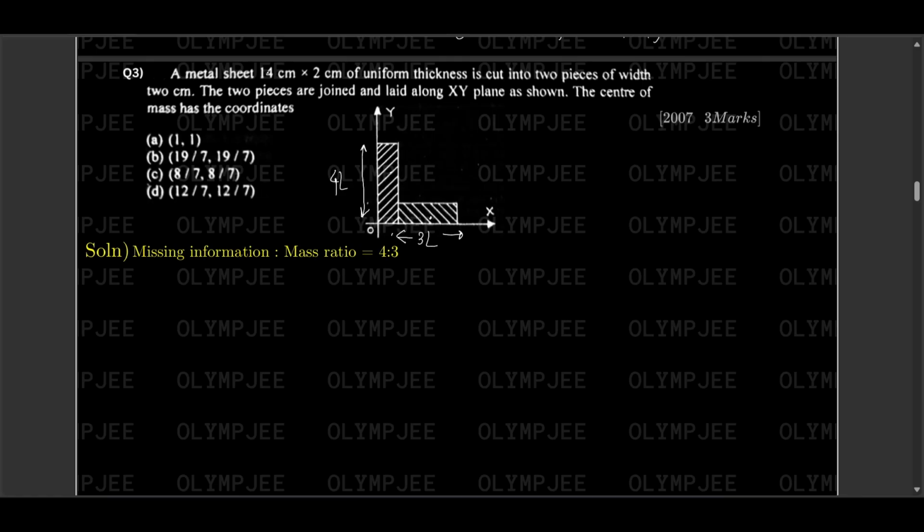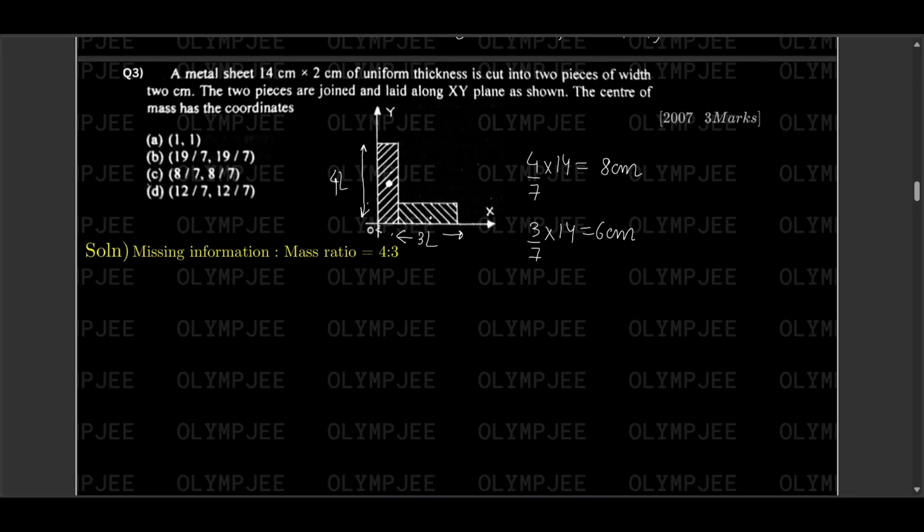Since the total length is 14, this length will be 4 by 7 times 14, which is equal to 8 centimeter. And this length should be 3 by 7 times 14, which is equal to 6 centimeter. So the center of mass of this part will be here, right?